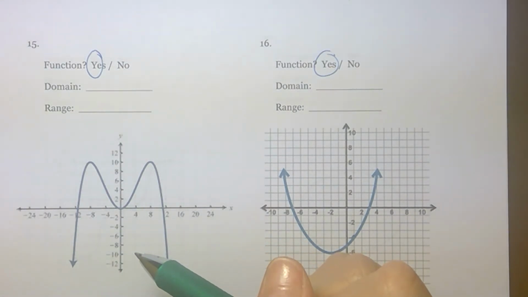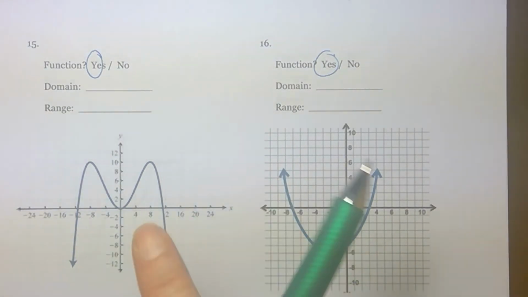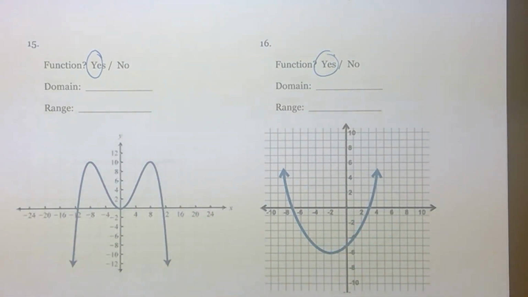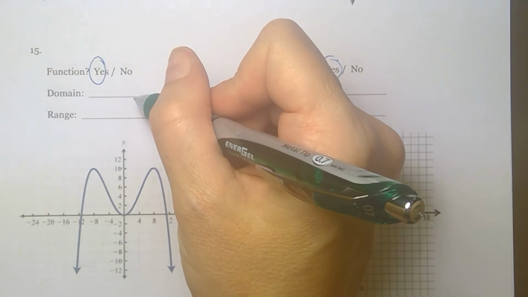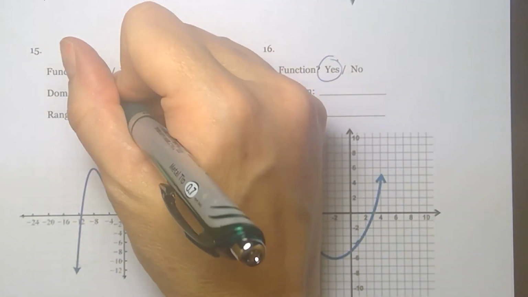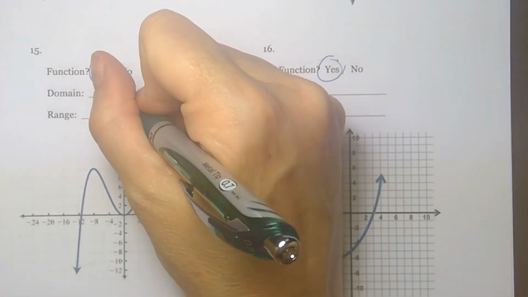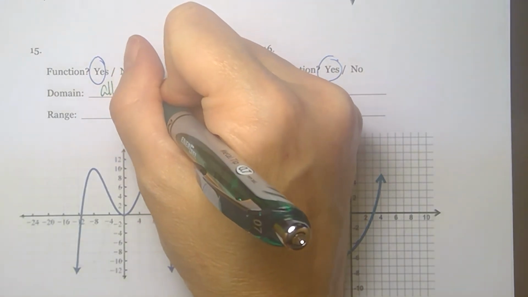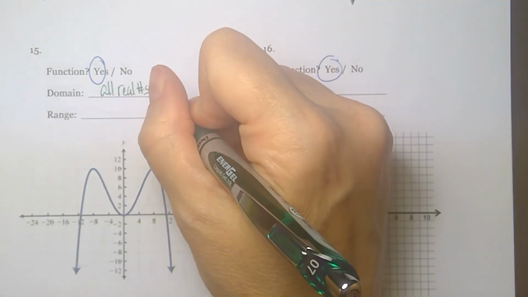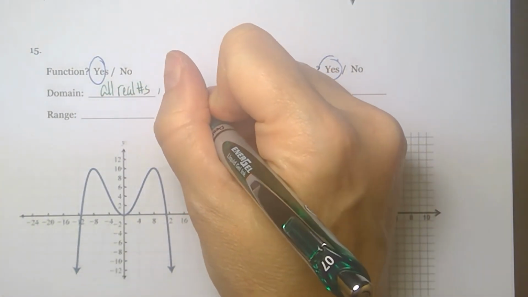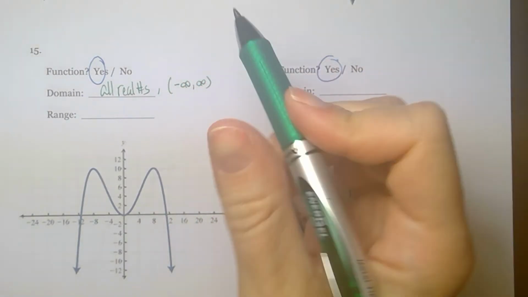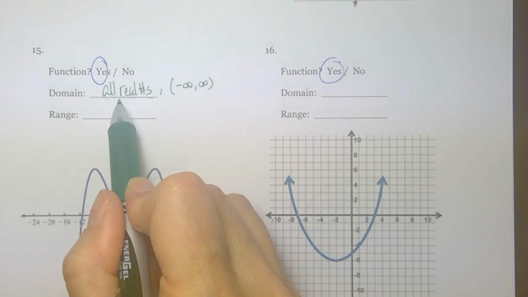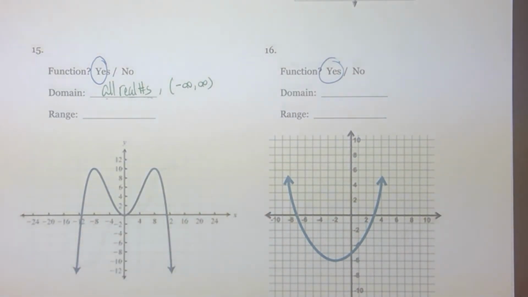So if it goes down forever, that means it's also moving out forever, which means my domain includes all possible real x values. And I believe on MyMathLab it gives you the choice of all real numbers. It might possibly show you parentheses from -infinity to +infinity, but I think it just says domain all real numbers.